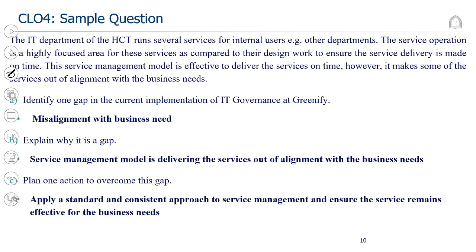A good example: an IT department of the HCT runs several services for internal users, e.g. other departments. The service operation is highly focused on these services as compared to the design work, to ensure service delivery is made on time. The service management model is effective to deliver services on time. However, it makes some of the services out of alignment with the business needs.